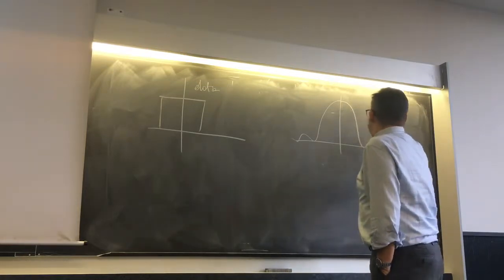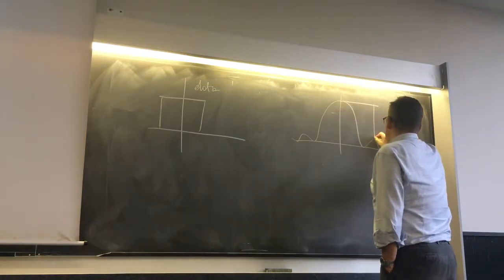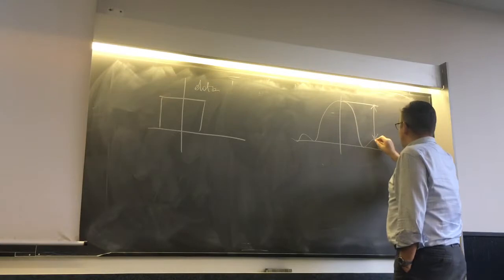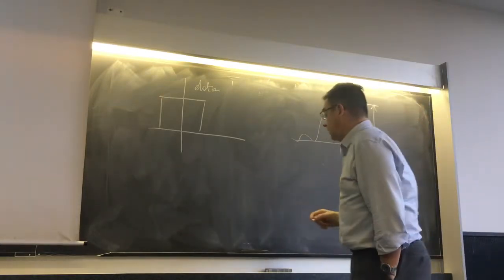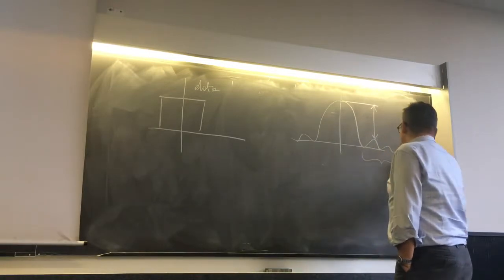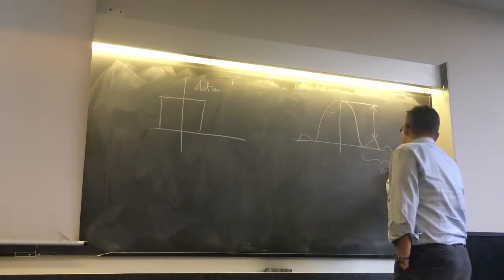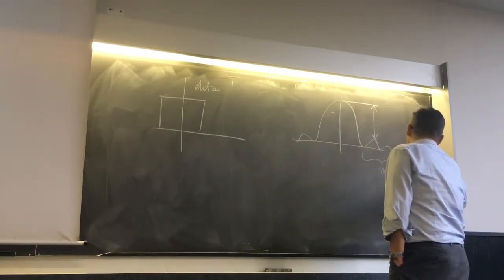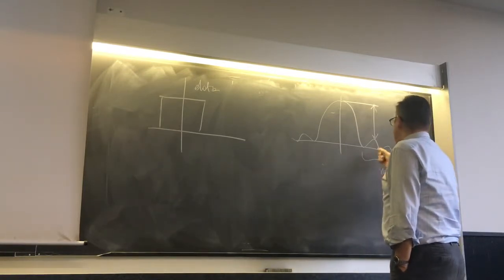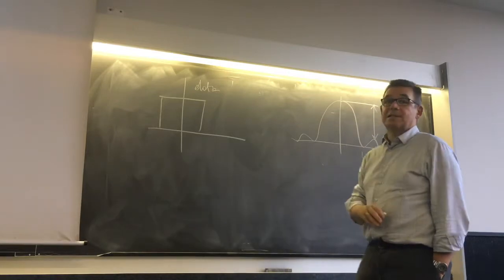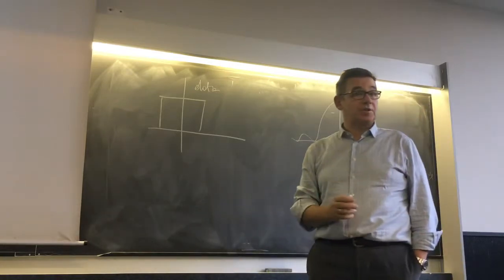So this side lobe is too high, too big. This side lobe introduces the spectral leakage. With the rectangular one, this is the largest spectral leakage.